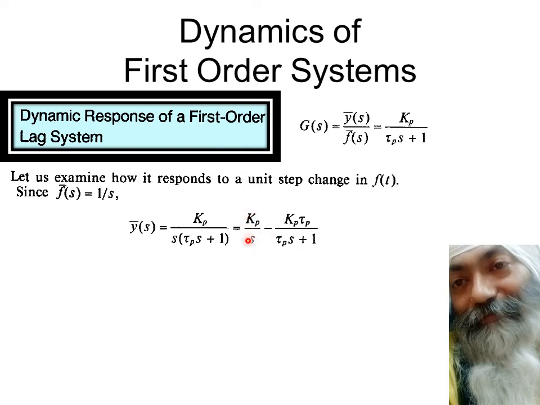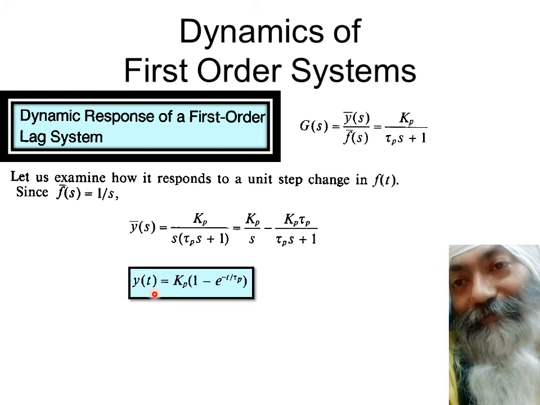Laplace inverse of this will be simply Kp, and the Laplace inverse of this will be something in the form of a delay, in terms of tau p. So let's see what we get in terms of t. Taking this Kp out, it's something you have been doing from the second semester onwards, ever since you were exposed to Laplace, or even charging and discharging of LR circuits and CR circuits.